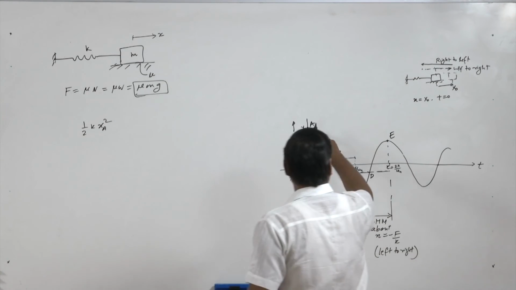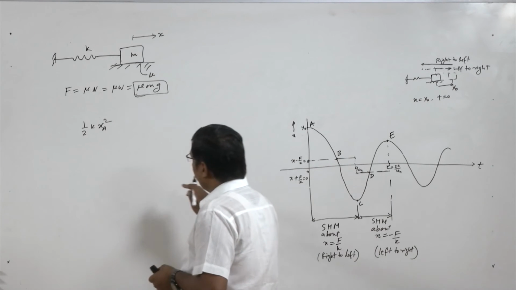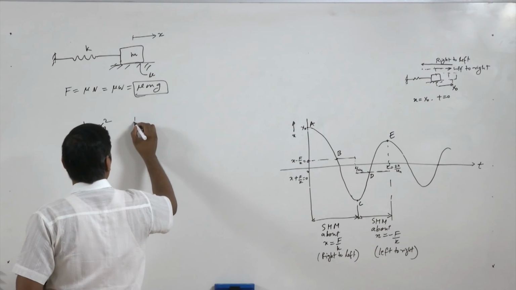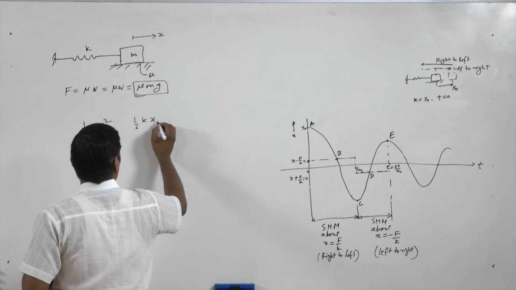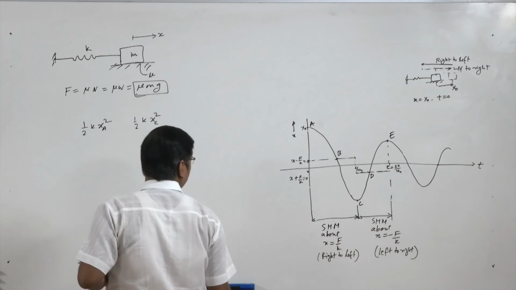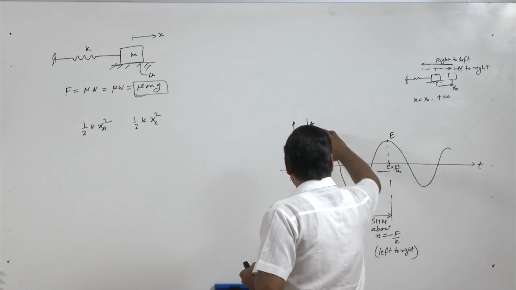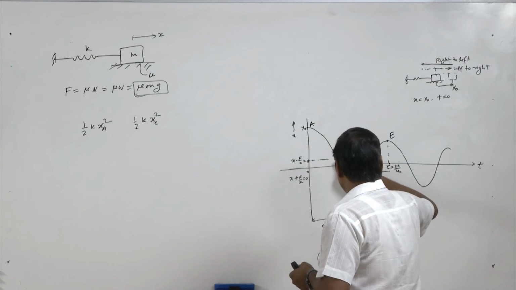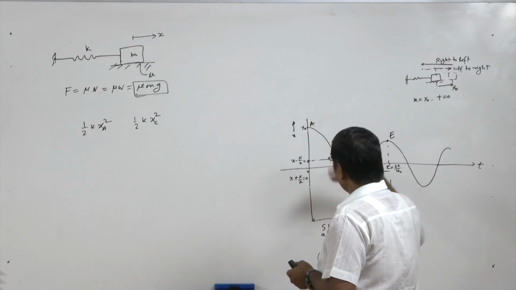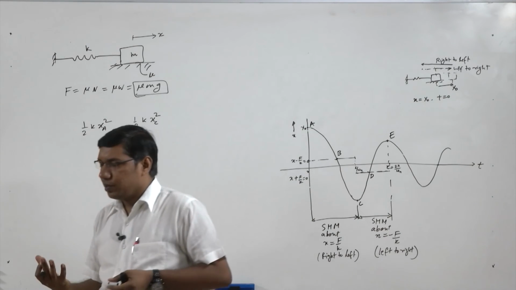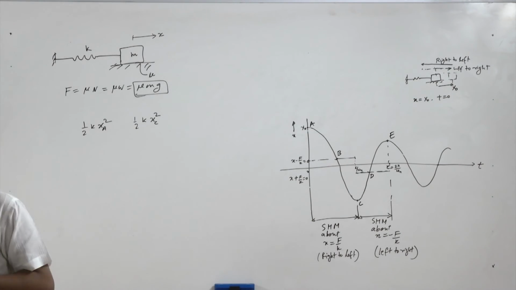When the system is reaching point C, it has potential energy half K XC square. Now the change in potential energy will be used to do the work against the friction force.